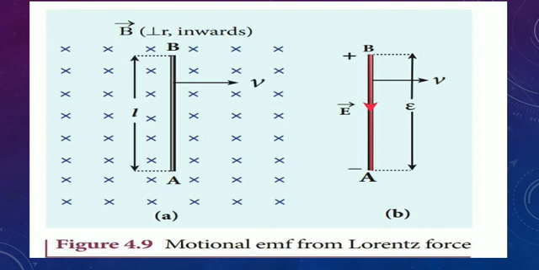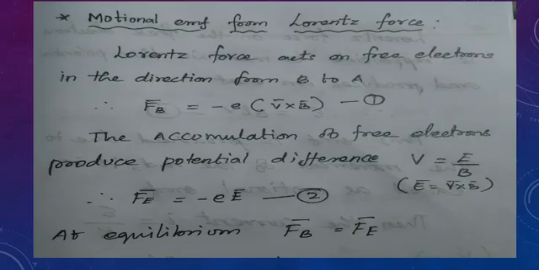This conductor is moving in a uniform magnetic field that is perpendicular to the plane, with velocity. Due to that, Lorentz force is experienced. Okay, students, right? See this, the Lorentz force acts on the free electrons in the direction from B to A.